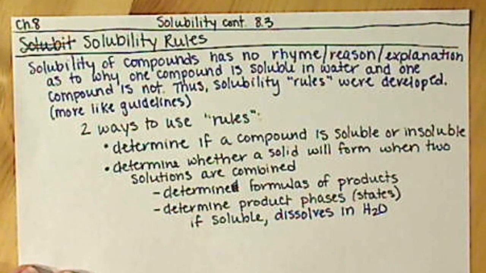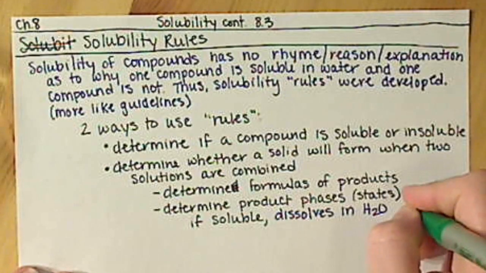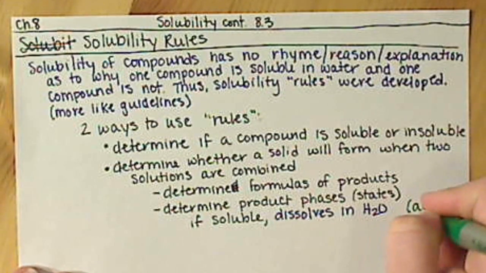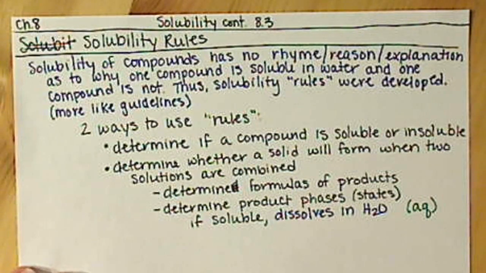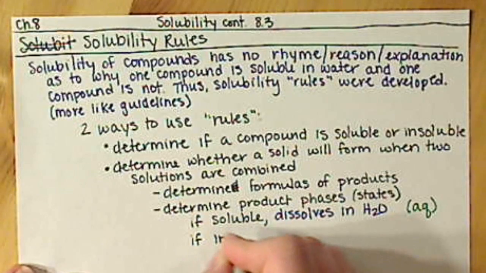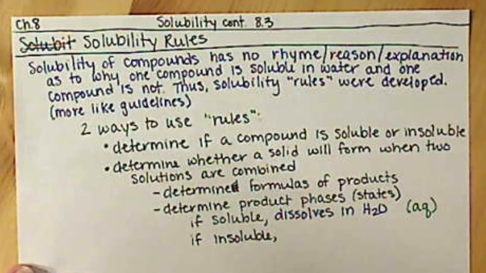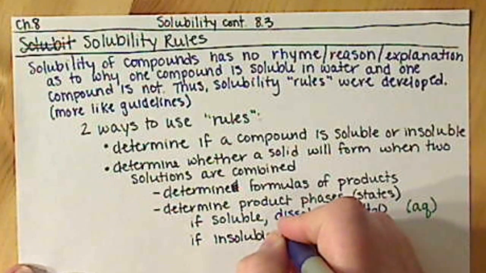And if we recall from chapter 6, anytime that we have something dissolved in water, that phase or state is called aqueous. If it is insoluble, that means that it's going to form a precipitate.